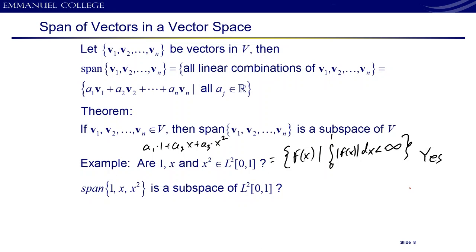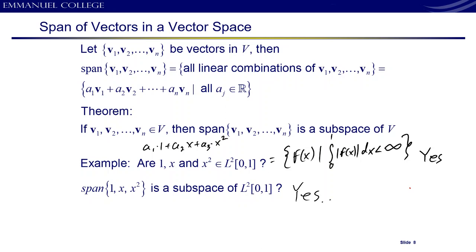So is the span of 1, x, and x squared a subspace? Go back to the definition. We just said if they're elements of the space, then any linear combination of them will be in that subspace. So the answer would also be yes.